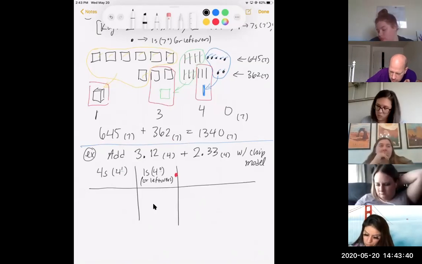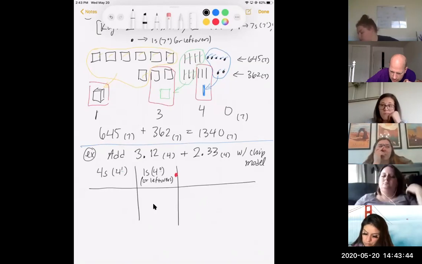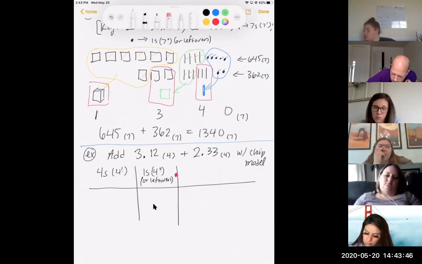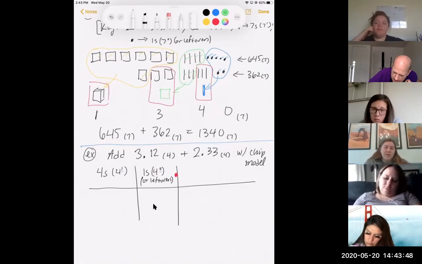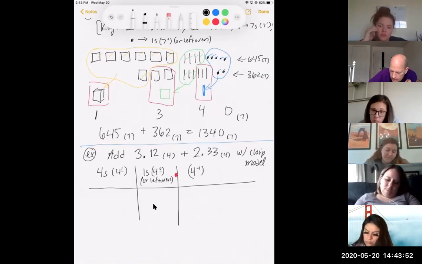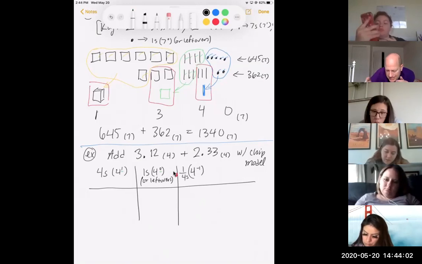Now with decimals, you take the power and you just keep going in the pattern. So here was 4 to the first, 4 to the 0, and the next place will be 4 to the negative 1. Now 4 to the negative 1 power is going to be 1 over 4. So you have the 1 over 4's place, which in base 10 is like the 1/10th place.